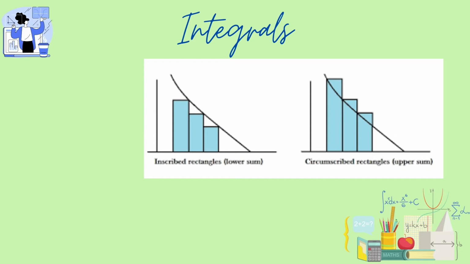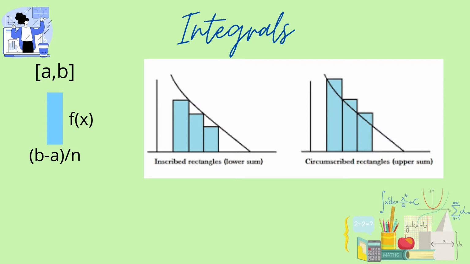If that region is within the closed interval [a, b], then for each rectangle, the height is equal to the function value. And if we consider n rectangles, then each rectangle will have a width of (b minus a) over n.